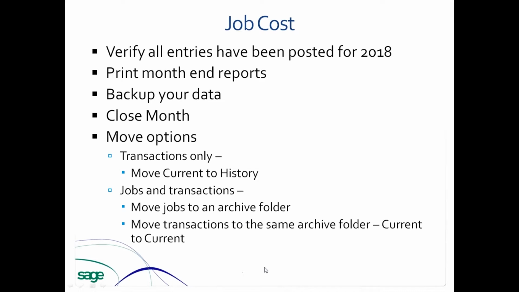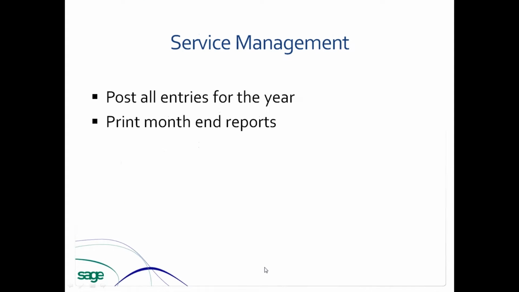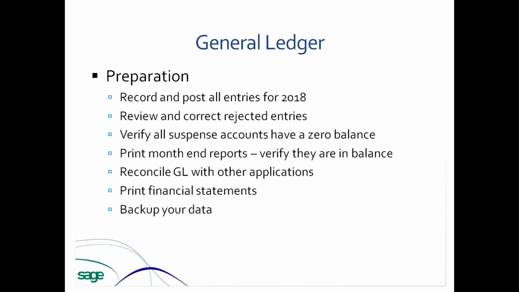I think service management is just month-end reports. For those of you that have service management, there's not a close month or a close year option in service management. All right, so we're ready to talk about general ledger.